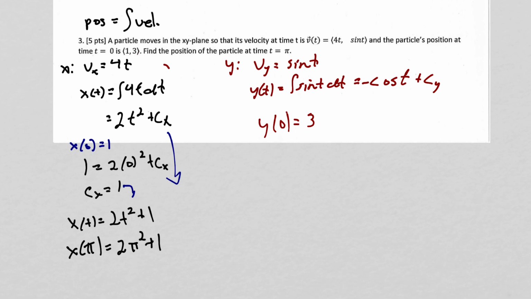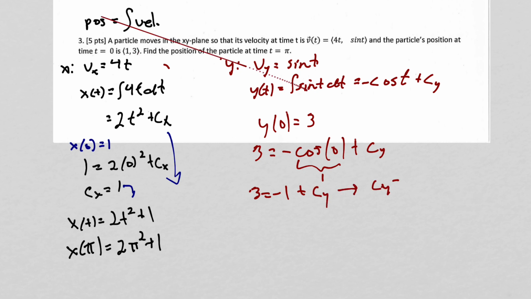So that gives me 3 equals negative cosine of 0 plus c sub y. You should know that cosine of 0 is 1. So I get 3 equals negative 1 plus c sub y, which I can then say c sub y is equal to 4.